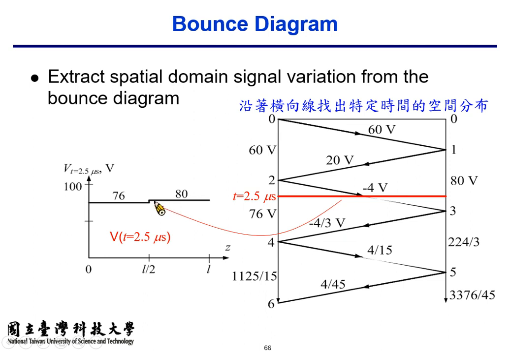On the right-hand side, you observe 80 volts because you see only V plus and V minus, not the V minus plus part. So if you draw a horizontal line, you can check the spatial variation of the voltage on the line at a specific time instant.